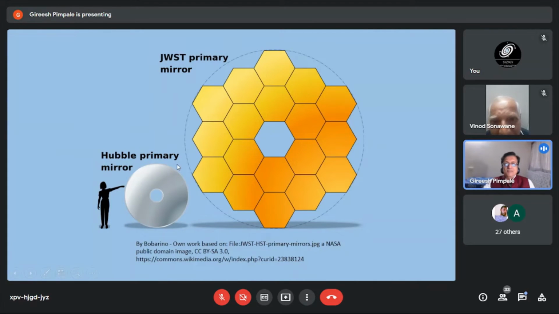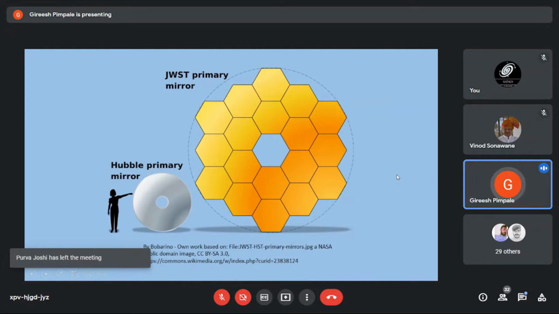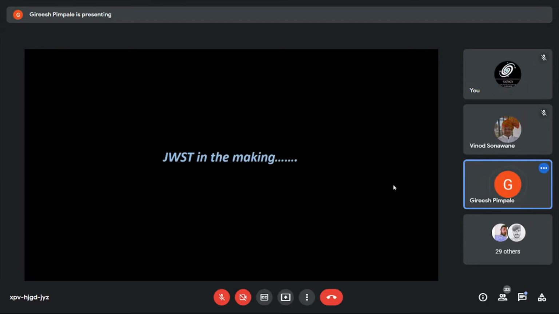See, this is the primary mirror of the Hubble telescope, while this is the primary mirror of the Webb telescope, which is made up of 18 segments. Mirror diameter is a primary specification of any telescope. The larger the mirror, the more light it collects, and therefore the better the efficiency of that telescope.